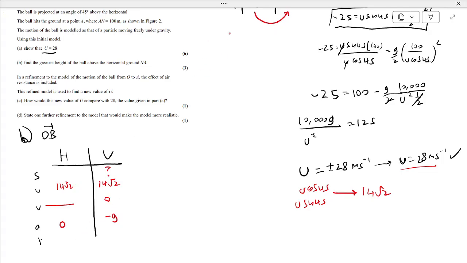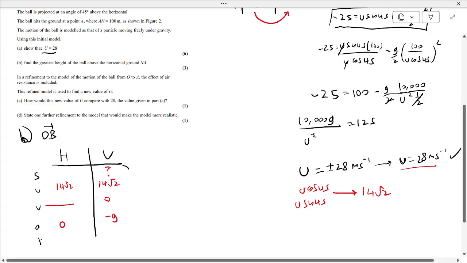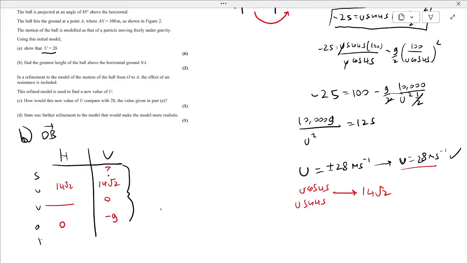And actually, if you look at what I've got, I have enough. I've got 3 known values and 1 unknown value, and with SUVAT, that's all you need. So I have the SUVAT equation with no t, just looking vertically. Horizontal didn't help me in this case.